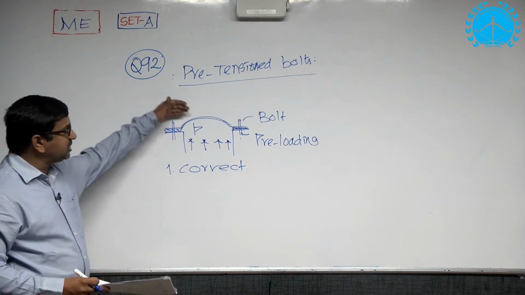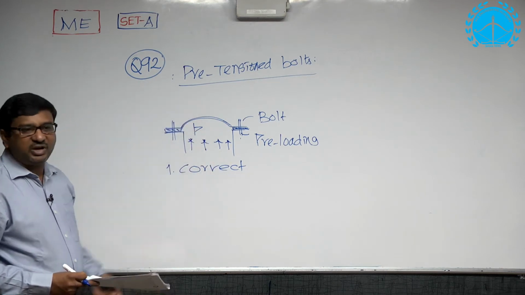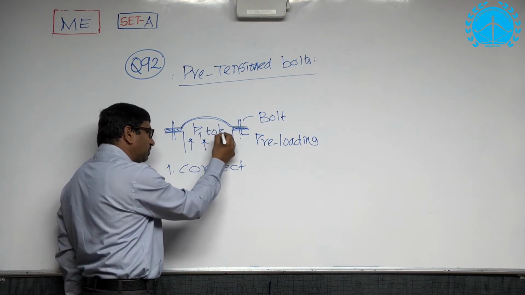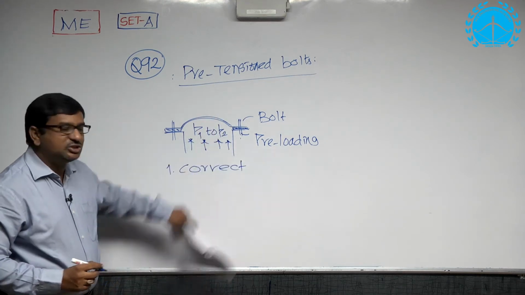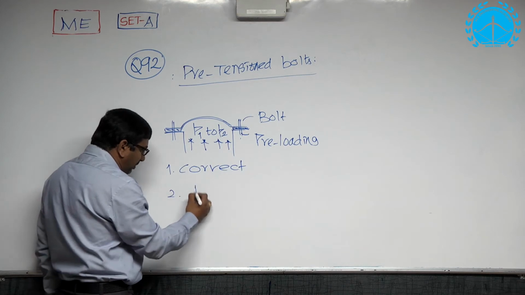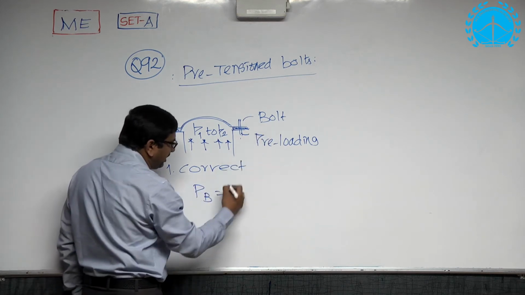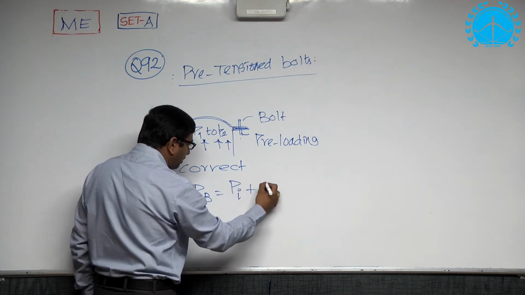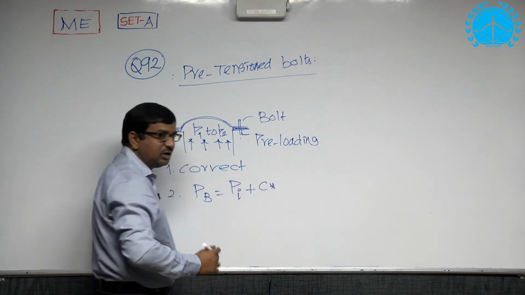From top dead center to bottom dead center the pressure varies, between two limits, say P1 to P2. So the load on the bolt will be equal to the initial tensioning load plus C times the load on this.